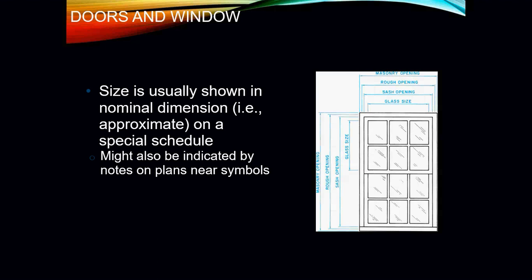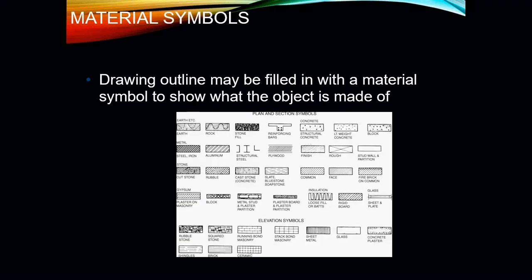It's going to tell you how big the sash of the window would be. It's going to tell you the rough opening in the house frame, and if it's a masonry type exterior, it's going to give you the size of the masonry opening so that these windows can properly fit and be properly sealed.